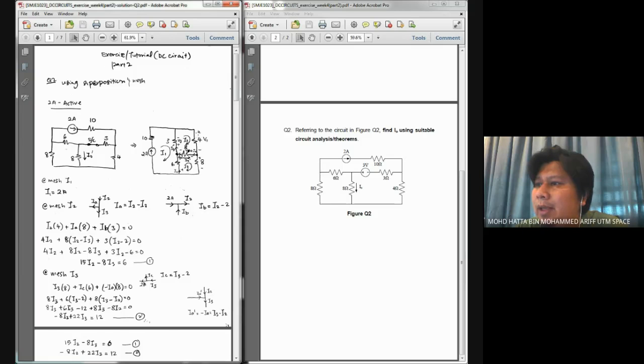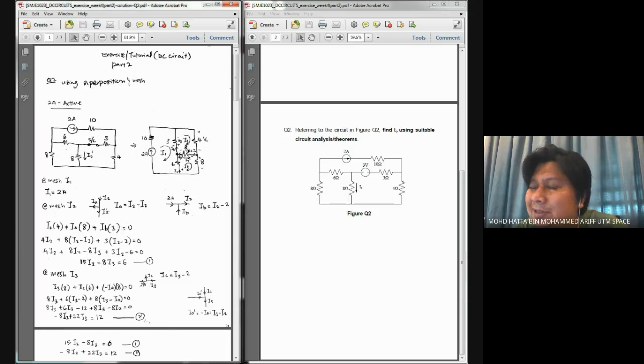To get the voltage across this 4 ohm resistor, which I label as V1, V1 is given by I2 times 4, plus I have the voltage over here. I label it as maybe here VO, if I'm not mistaken. But if you don't label the voltage drop, that also can be done. However, you need to know the equation for the voltage across this resistor.